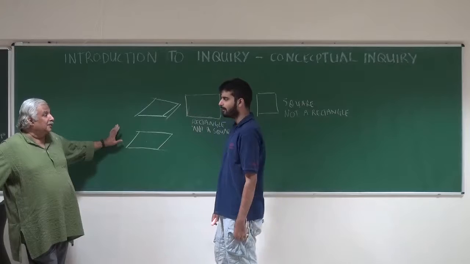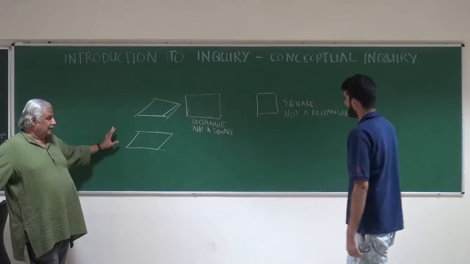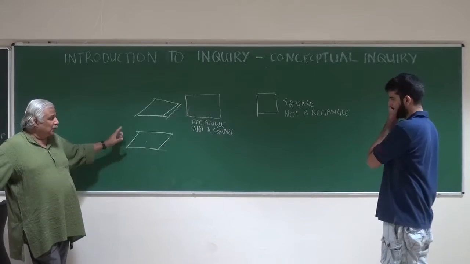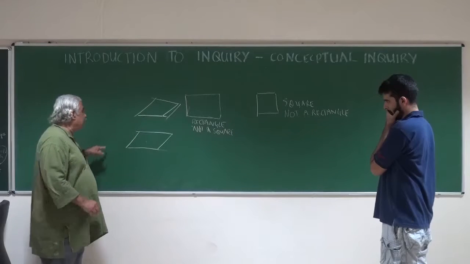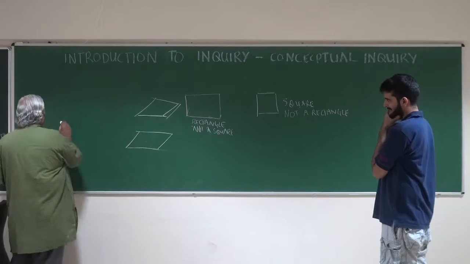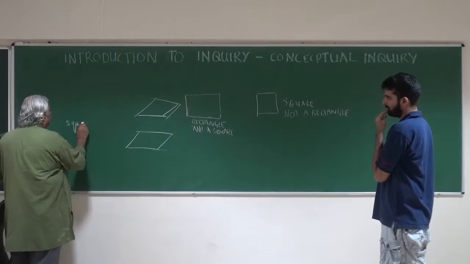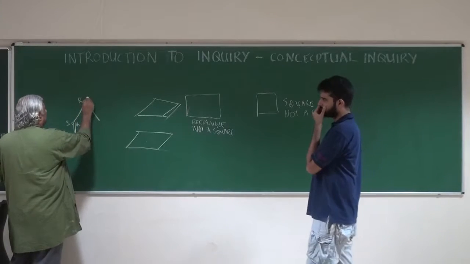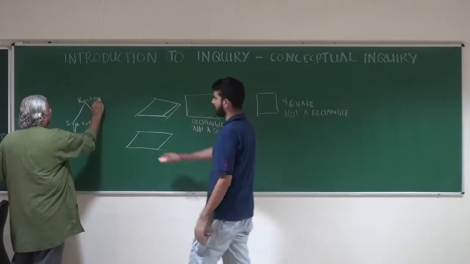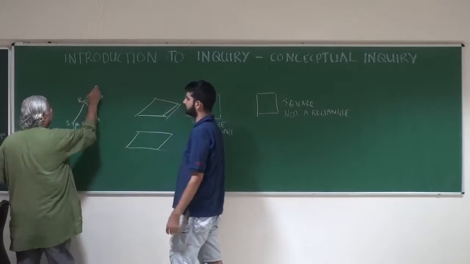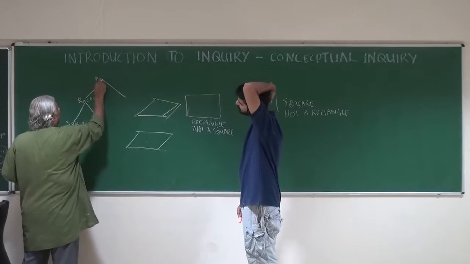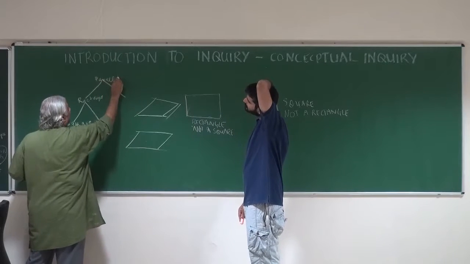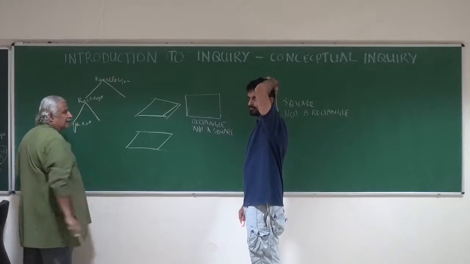Okay, one way of figuring out is to define these things. There are two ways that we are thinking about it. In one case, you're saying a square is a rectangle, and there are other types of rectangles. A rectangle is a parallelogram, and there are other kinds of parallelograms.